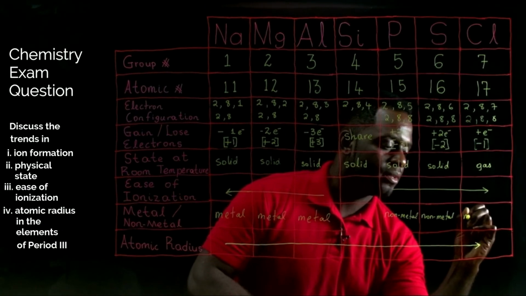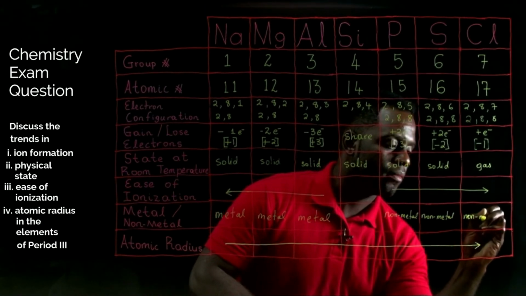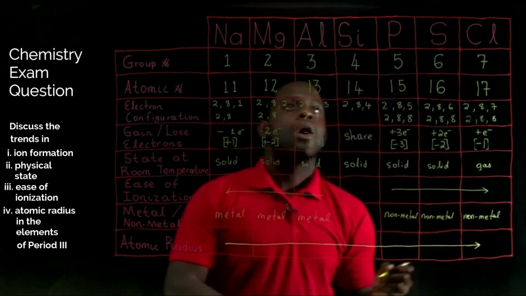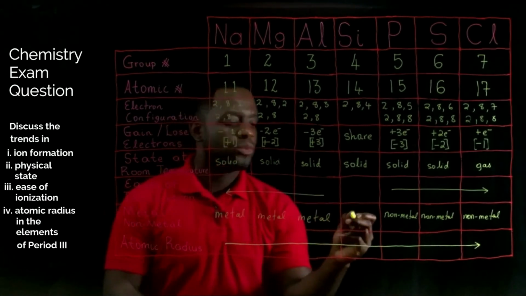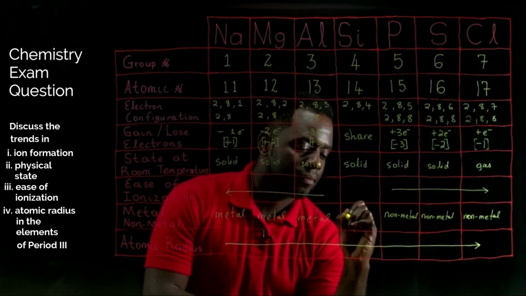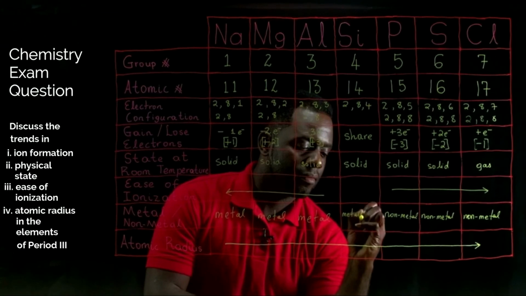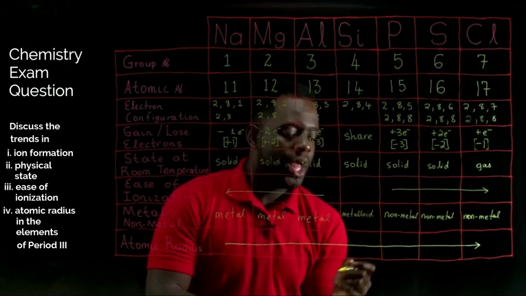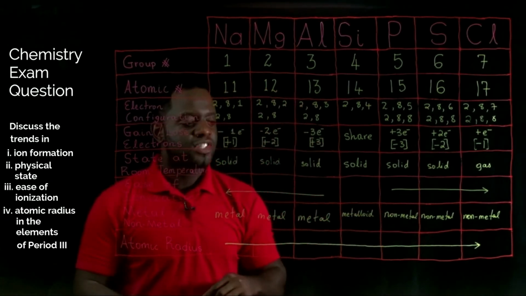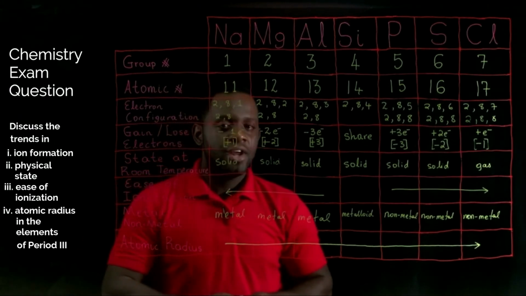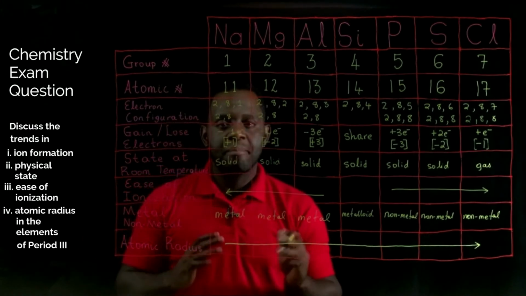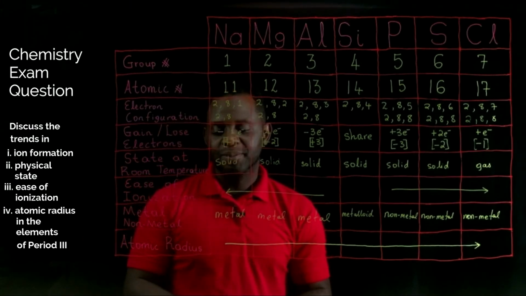With the exception of silicon, which is a metalloid. Metalloids are substances that have properties of both metals and non-metals.